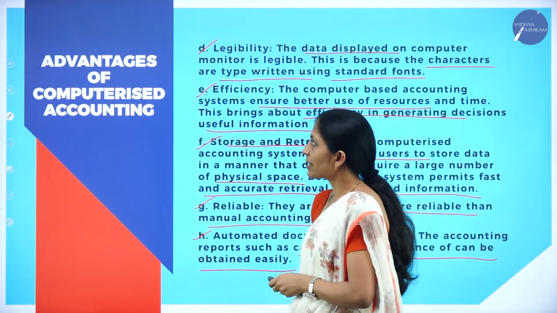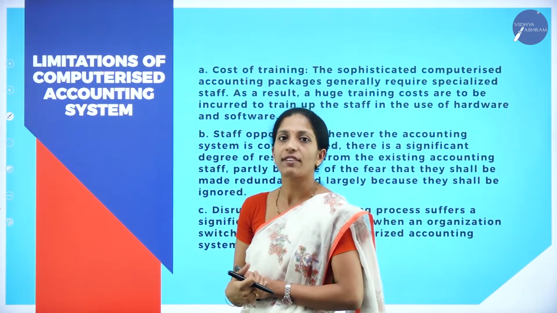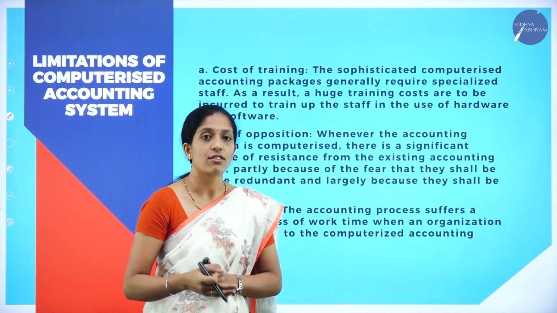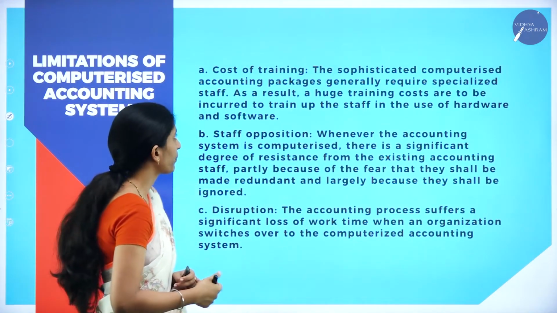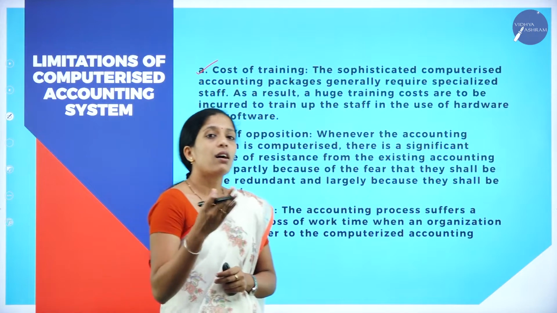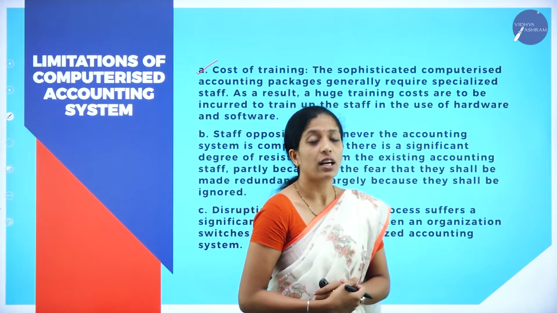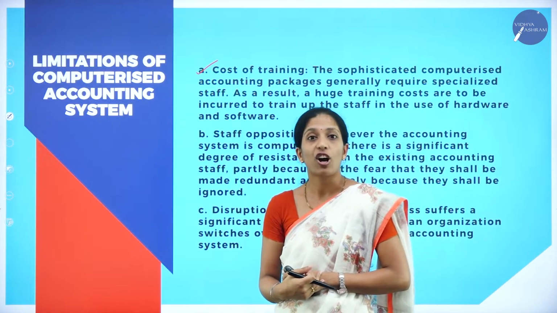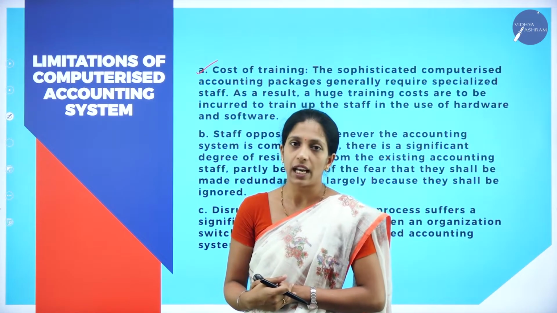Now coming to the next concept, it is limitations of computerized accounting system. So let us see what are the disadvantages or limitations here. So the first one is cost of training. Why is cost of training a limitation for a computerized accounting system? Because computer system cannot be adopted by each and every accountant.